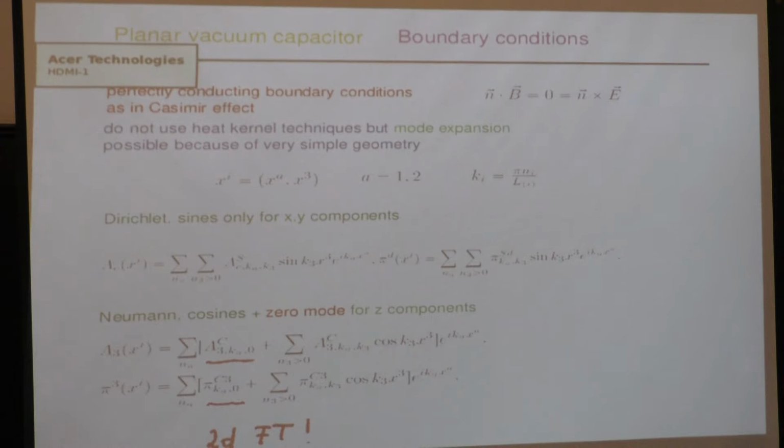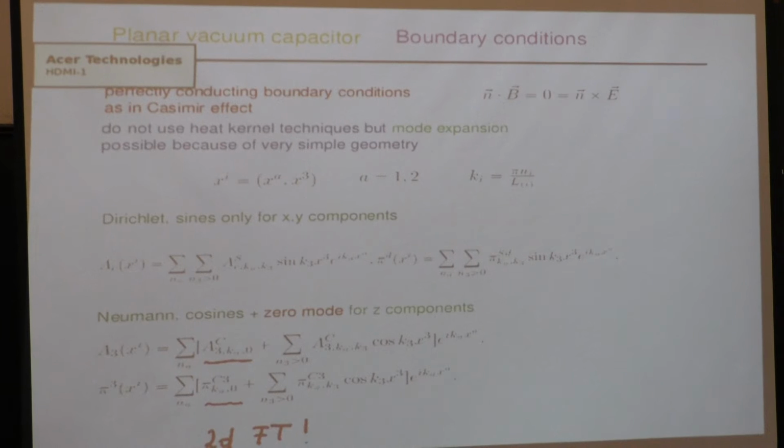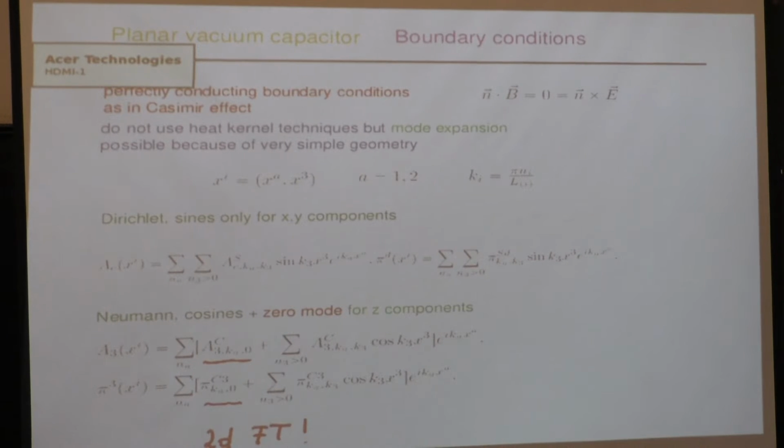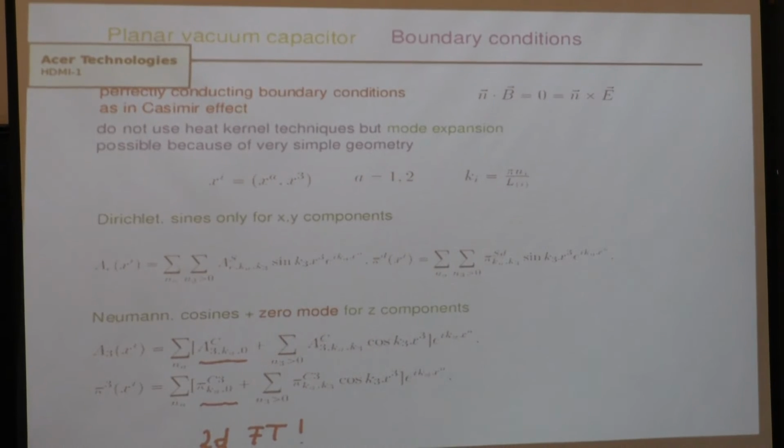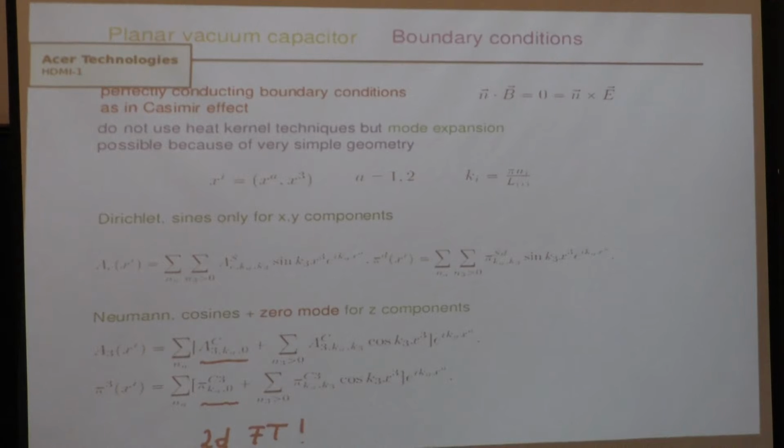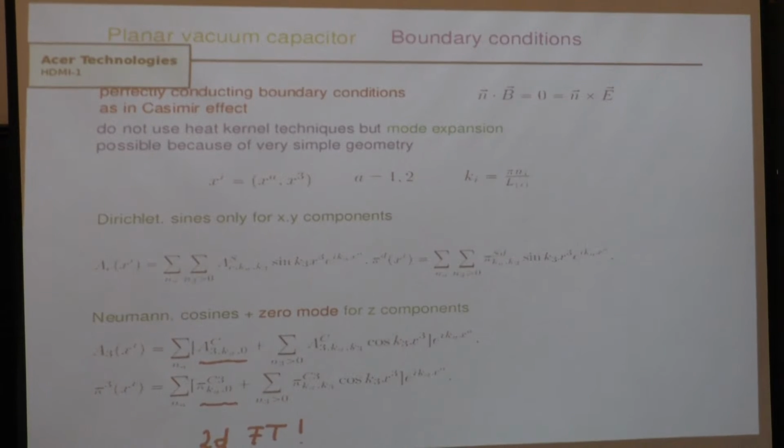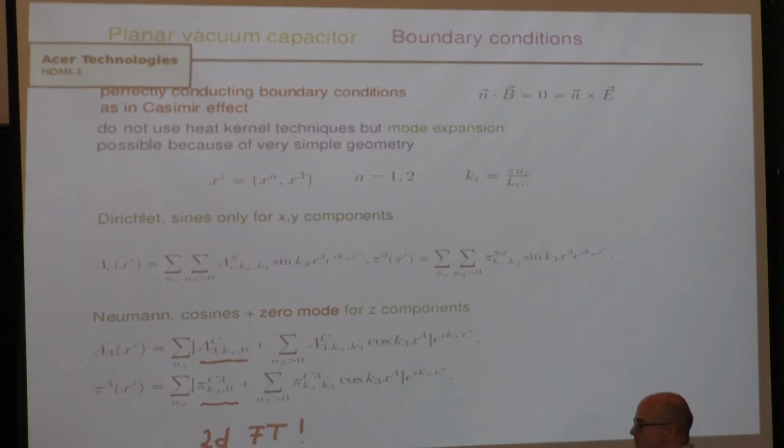And in fact, you can do it easily only for the planar case, because for the planar case, of course, you have Fourier series that you can use. If you try to do the microscopic computation for the spherical case, you need to use Bessel functions, and you need to know where the zeros of the Bessel function between the two concentric shells are. But if you do the planar case, things are much easier.